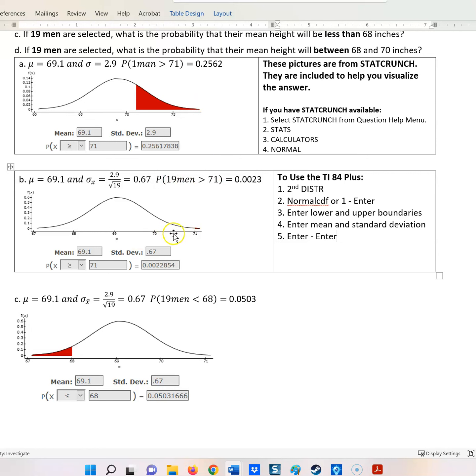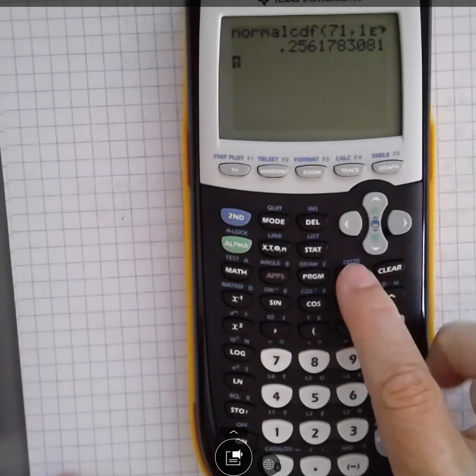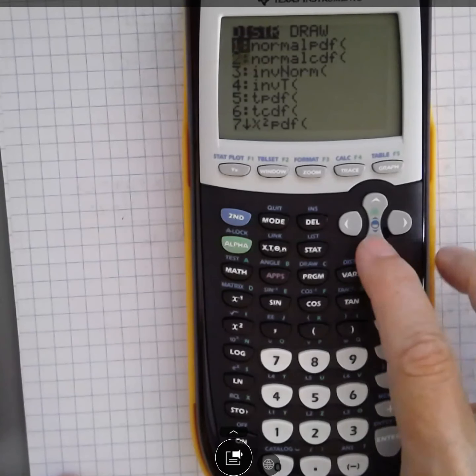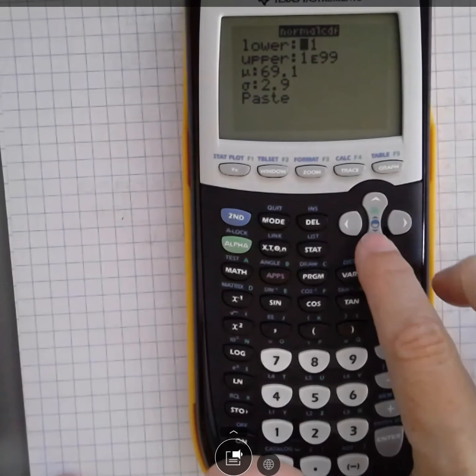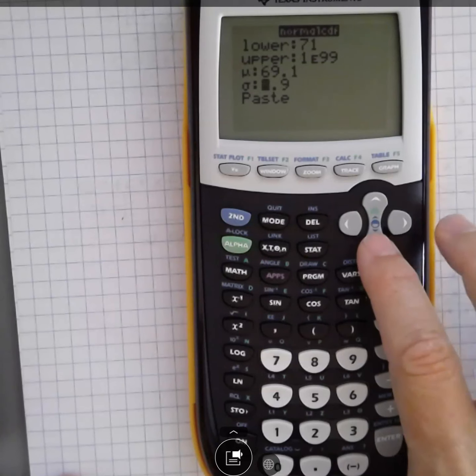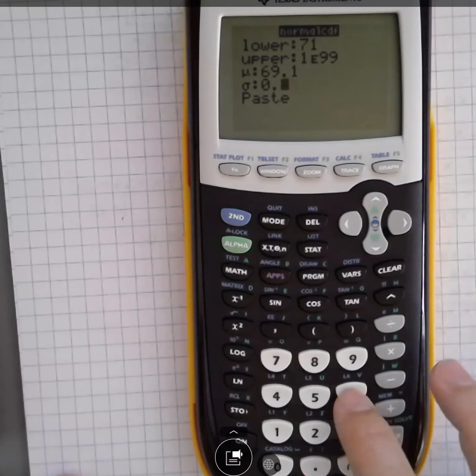In this particular example, you can see the red over here is barely there because it's a really small percent, 0.2%. And so I would go back and do that same thing again with my calculator, and that is second function distribution, go down, just hit 2, enter, and then we have the lower 71, the upper is infinity, and the difference here is that we're going to enter our new standard deviation, which was the standard deviation divided by the square root of 19, because n was 19 in this case, and that gave us 0.67.